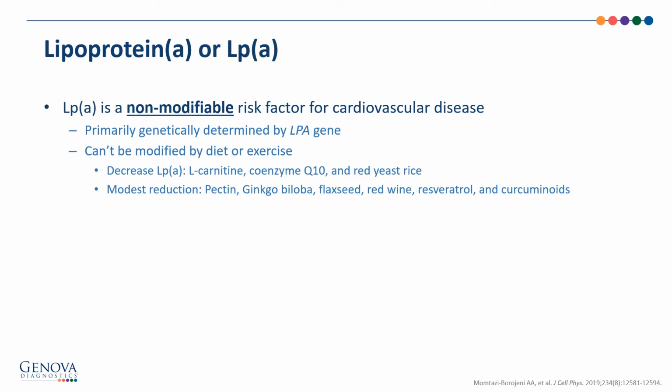There's some evidence about carnitine, coenzyme Q10, red yeast rice potentially decreasing Lp(a), as well as ginkgo or curcuminoids. However, the clinical benefit proves to be quite minimal.